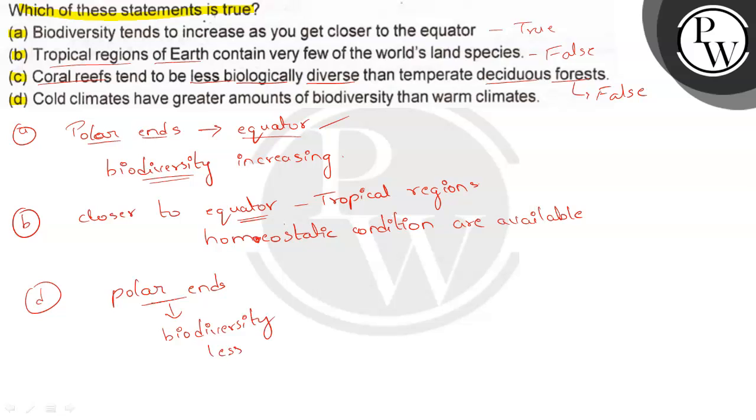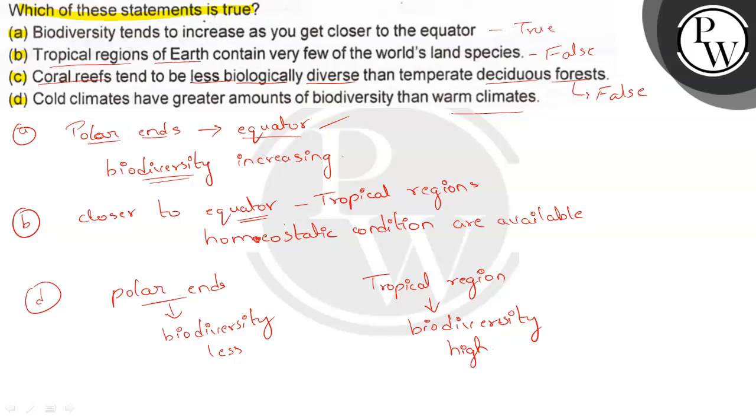Whereas in warm climates like the tropic region or the region closer to the equator, we have very high biodiversity, because here all the homeostatic conditions needed for the organism to survive are provided.